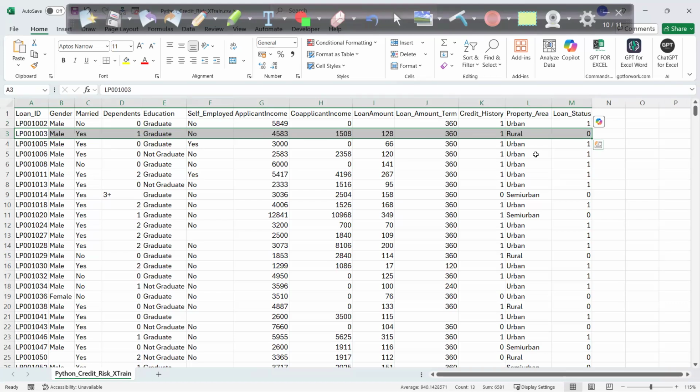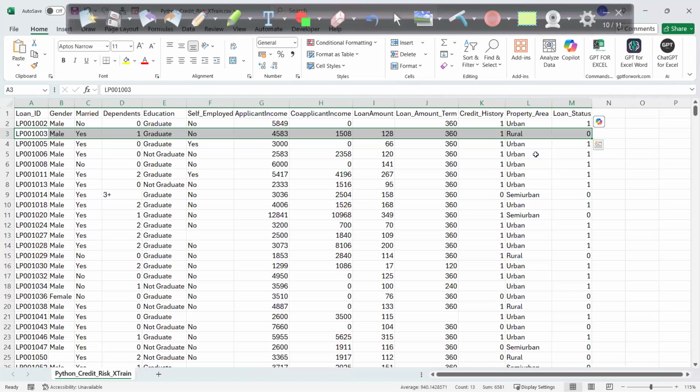If you are a male, is it a higher chance that you will get a loan? Or if you are a female, you have a higher chance to get a loan. If you are married, do you have a higher chance of getting a loan? Or if you are unmarried, you have a higher chance. Same way, if you have more dependents, will you have a higher chance to get a loan, or if you have fewer dependents?